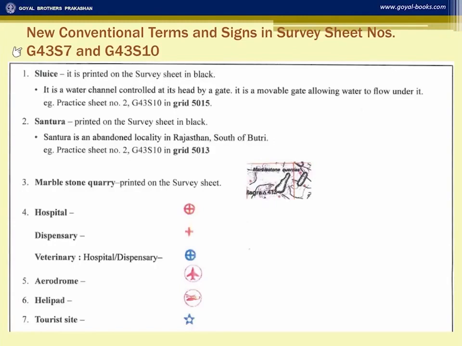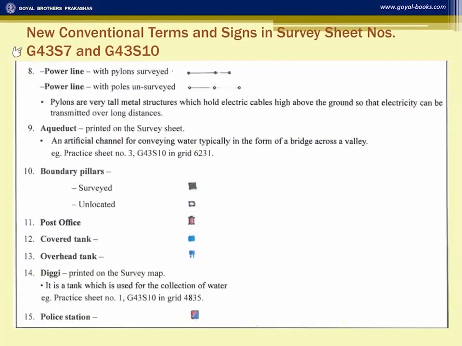The new survey sheets numbers G43S7 and G43S10 have some additional conventional signs and symbols as shown in the given sheet. It is important to study and familiarize yourselves with the new symbols along with their explanation or definition. These are based on the survey sheets given in your textbook by Goel Brothers Prakashan.